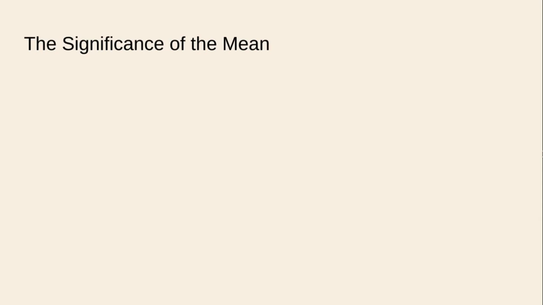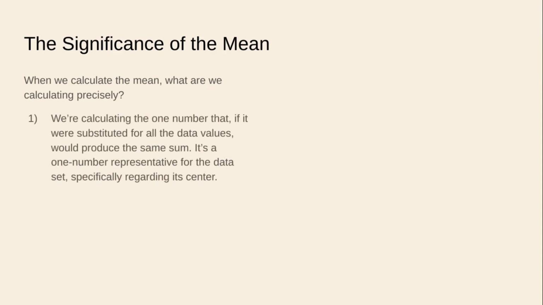All right, let's talk about the significance of the mean. What does the mean mean? Well, when we calculate the mean, what are we calculating precisely? We're calculating the one number that, if it were substituted for all the data values, would produce the same sum. It's a one number representative of the data set, specifically regarding its center.